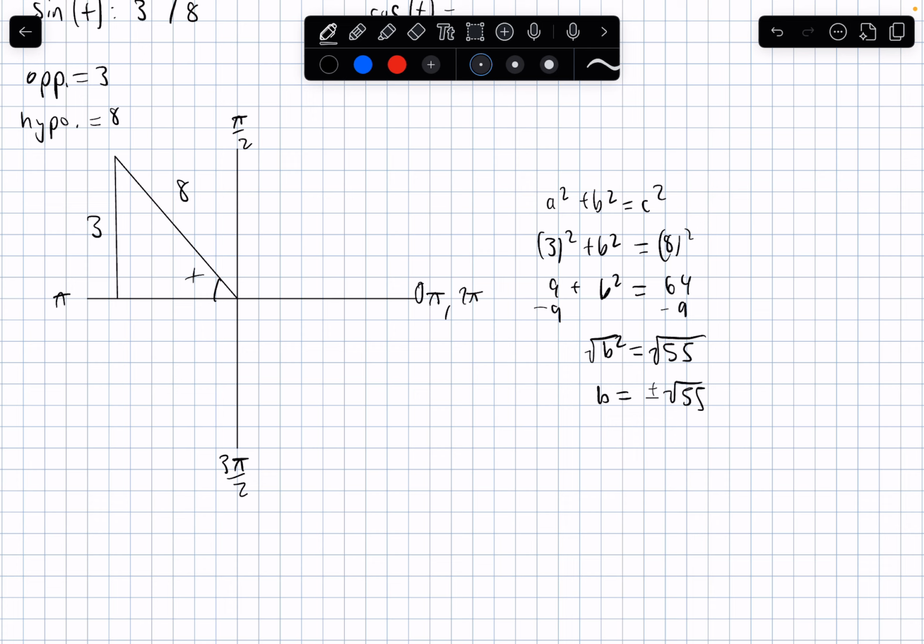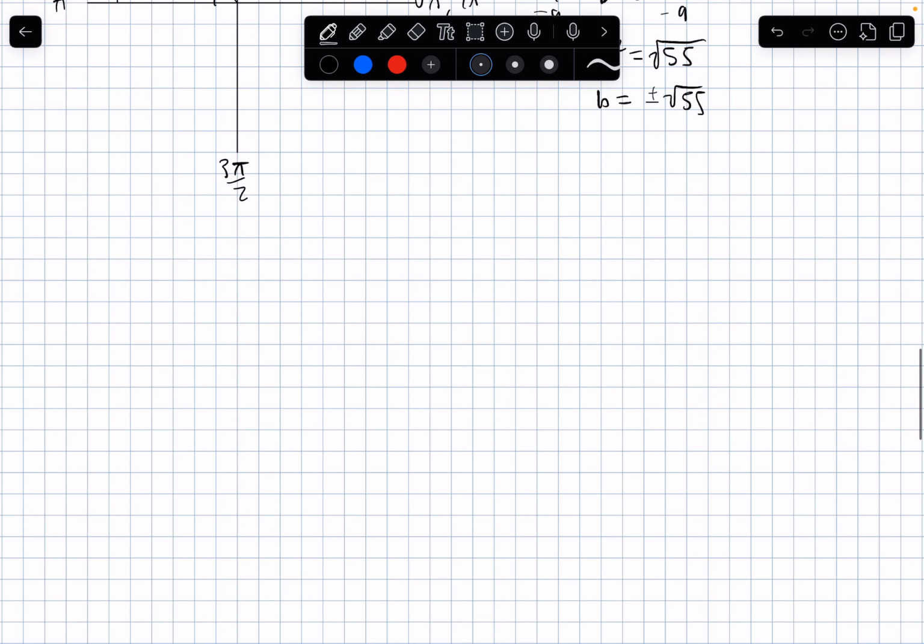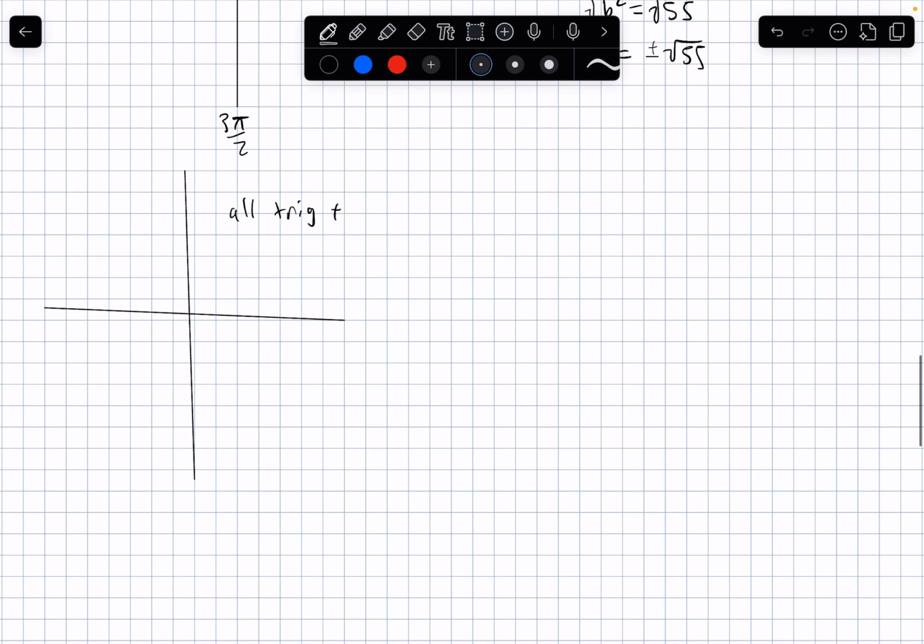And so an important thing to know about these kinds of problems is that these values could go positive, these values could go negative. So it's very important to understand the basic rules of the unit circle. So I'm just going to draw a very unorganized graph here just to show you one thing. In this quadrant, all trig is positive. In this quadrant, only sine of theta is positive.